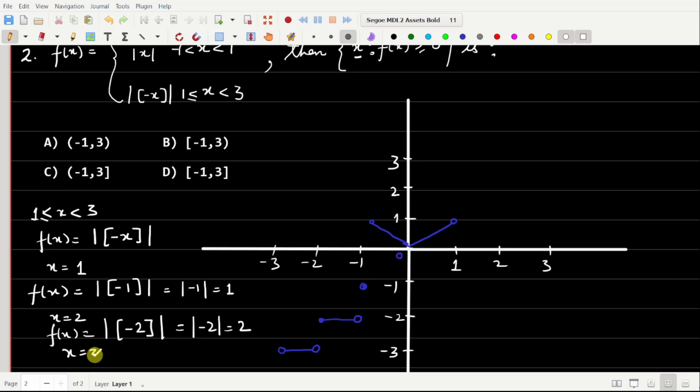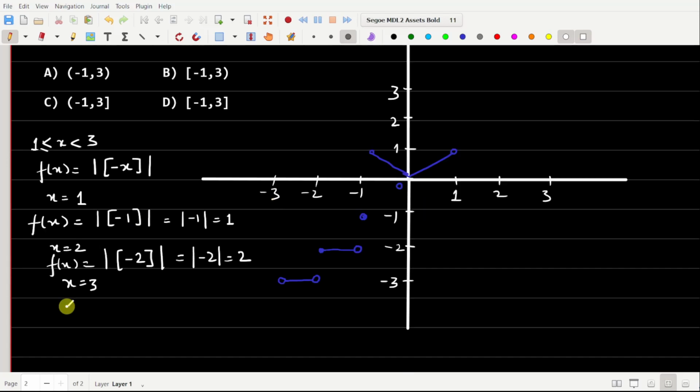Similarly for x equal to 3, f(x) will be modulus of bracketed -3, and it is actually 3. So actually we are getting all the positive values: x=1 gives 1, x=2 gives 2, x=3 gives 3, like this. Okay, so we have found these at the critical points so far, right? The critical points are 1, 2, 3.